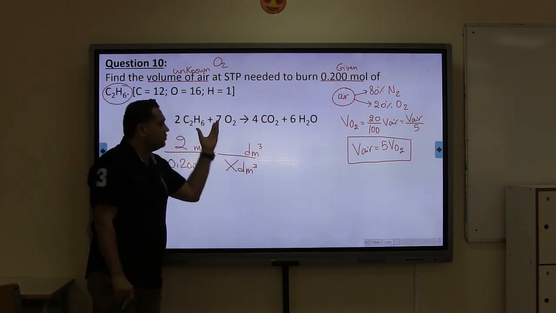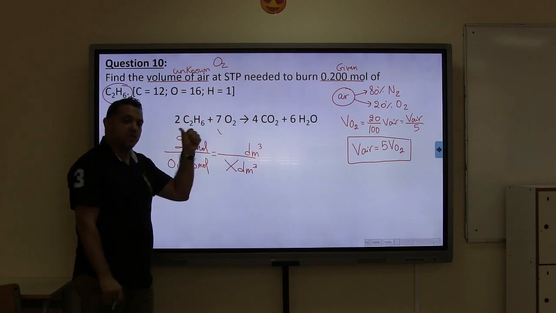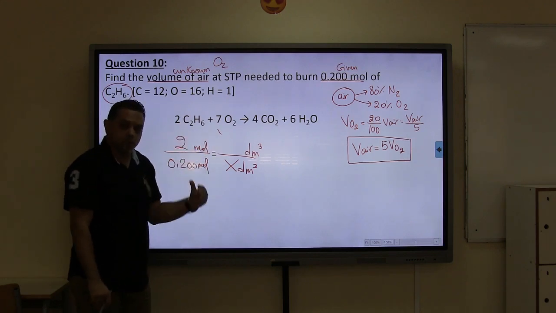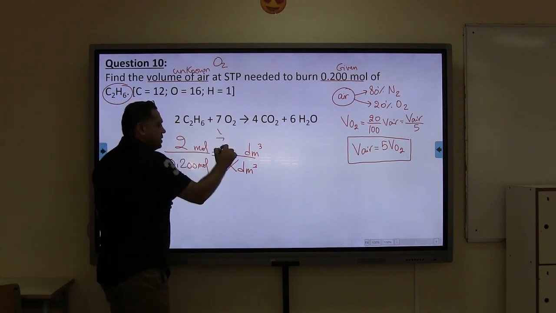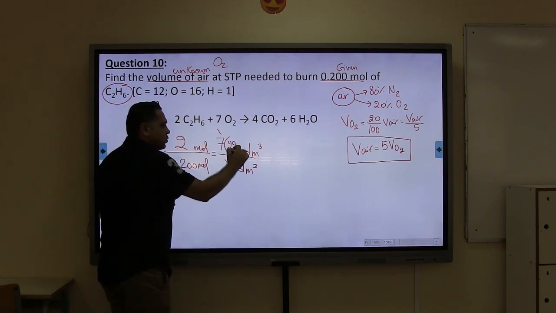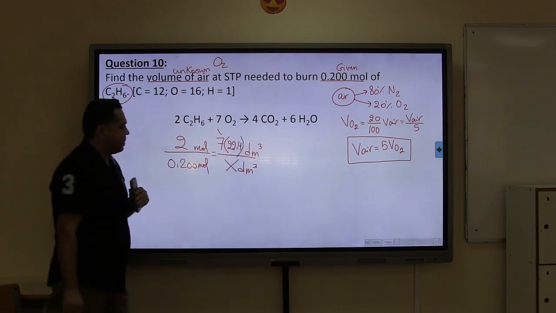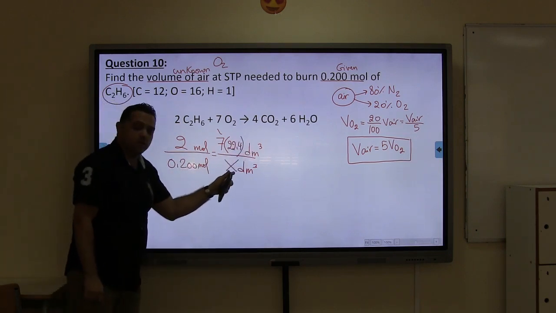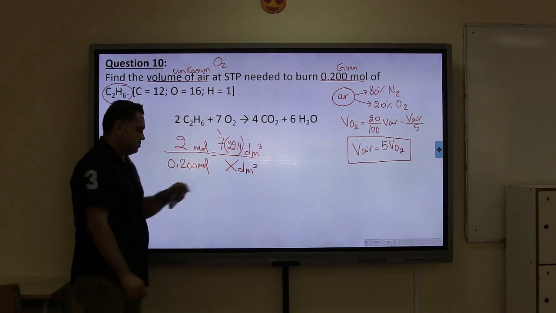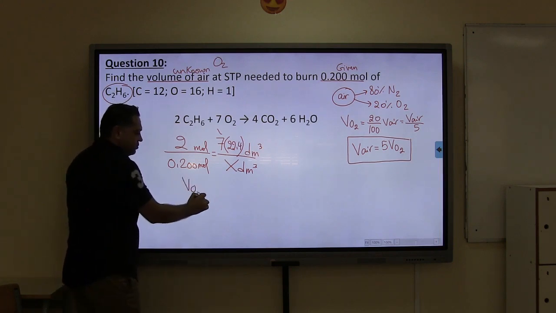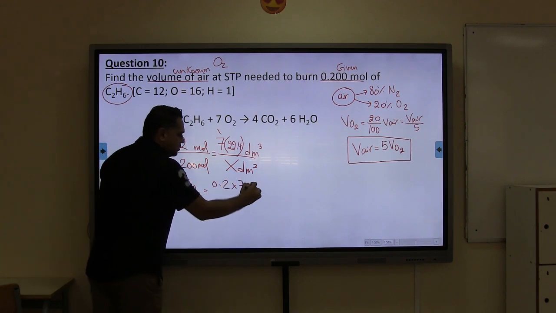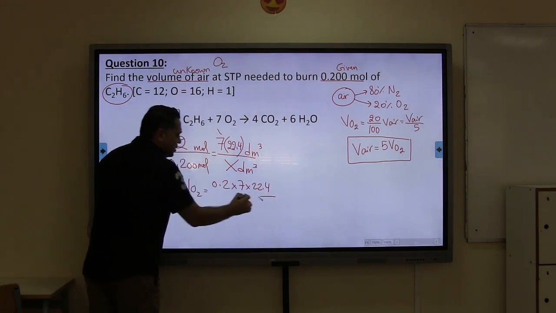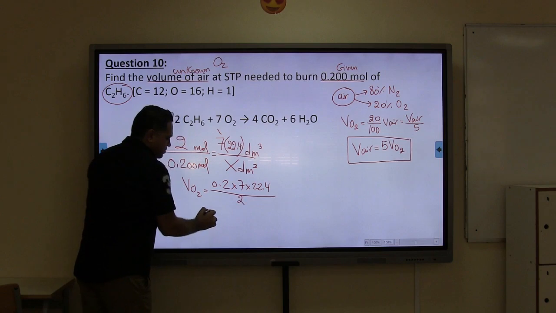To get the volume for the oxygen, it will be coefficient times 22.4, so it will be 7 times 22.4. This x here will be the volume of the oxygen. So volume of oxygen is equal to 0.2 times 7 times 22.4 divided by 2.